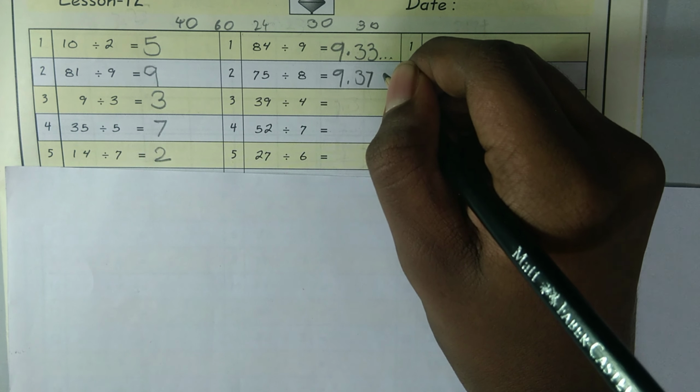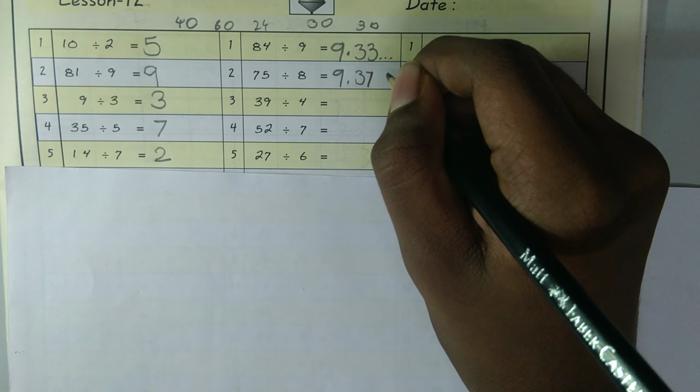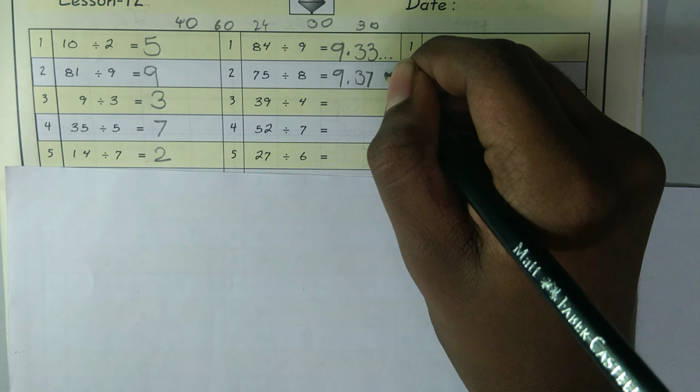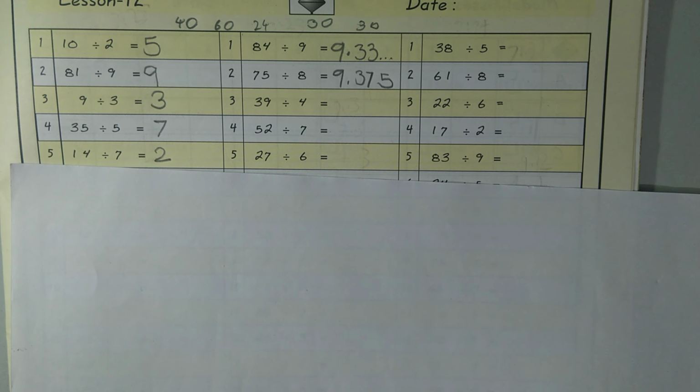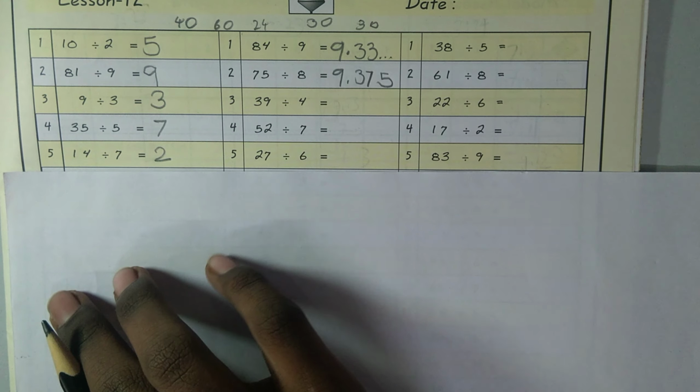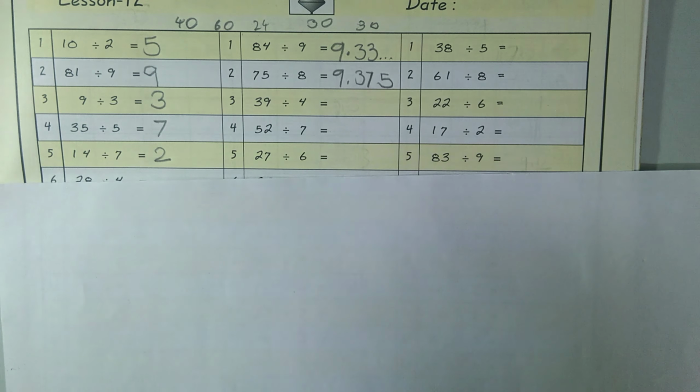Now we're not going to take the closest answer. We have to take the correct answer. 8 into 5 is 40. So our answer is 9.375. Here we got an accurate answer. But in the previous problem we didn't get an accurate answer. It is 9.333. It will go on.